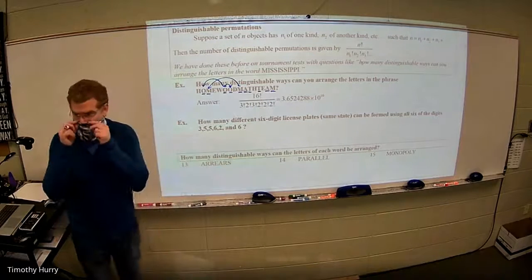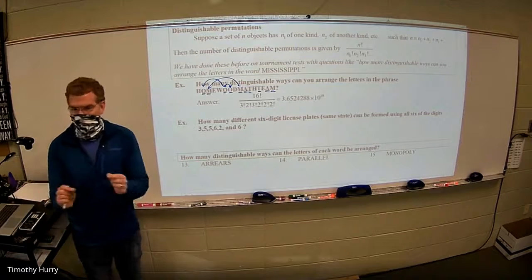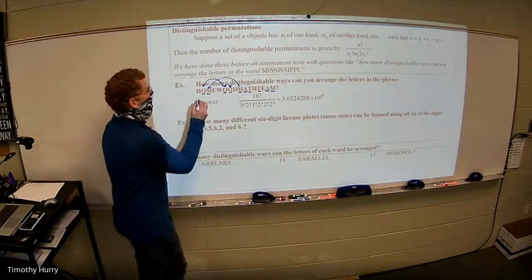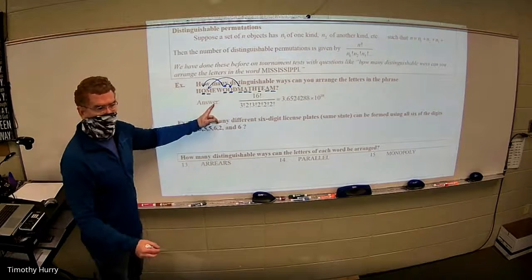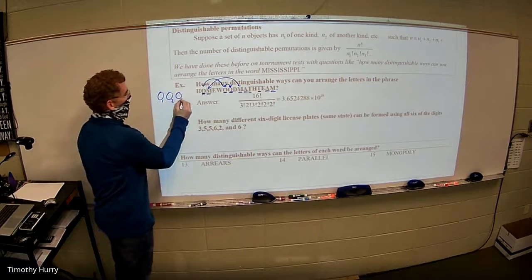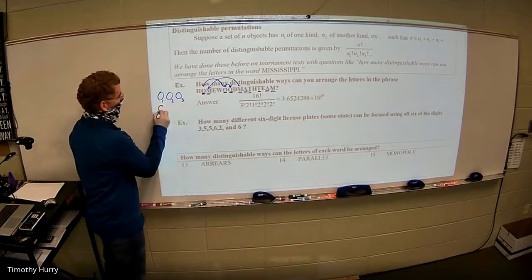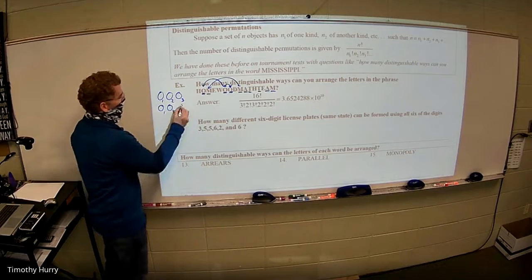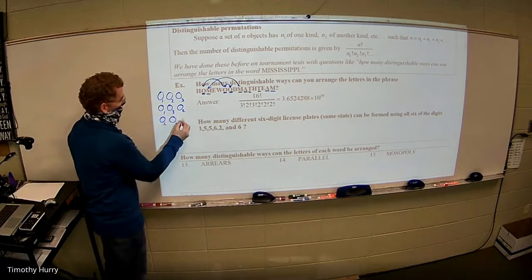And the way I account for that is I basically divide out all the ways those letters could be repeated. And if you think about it, if there's 3 zeros, I could write, I'll call them 0, 1, 0, 2, 0, 3. If I write out all the combinations for that, it could be 1, 2, 3, 1, 3, 2. It could be 2, 1, 3.